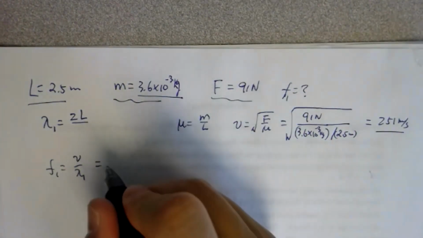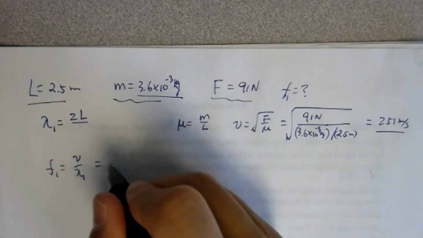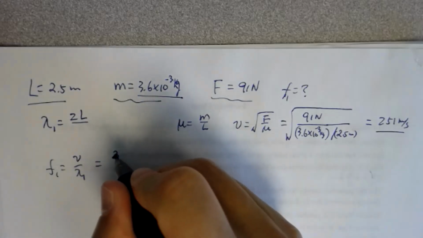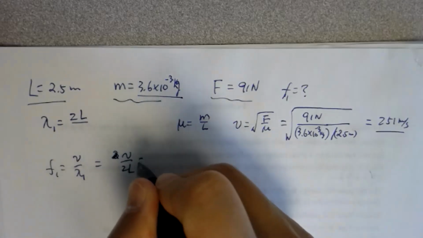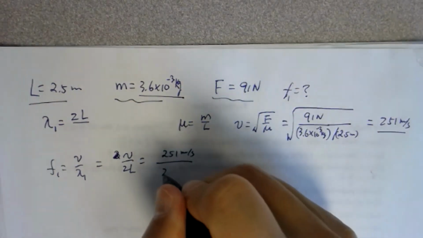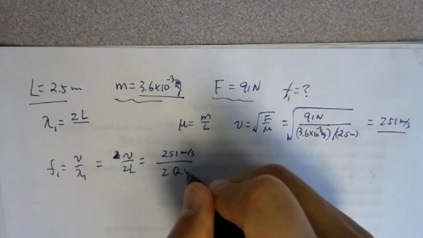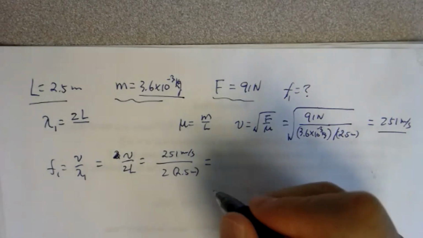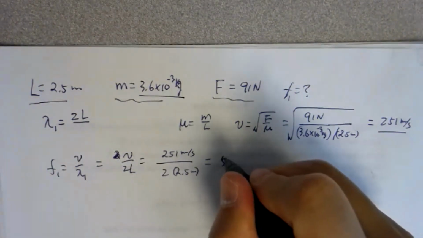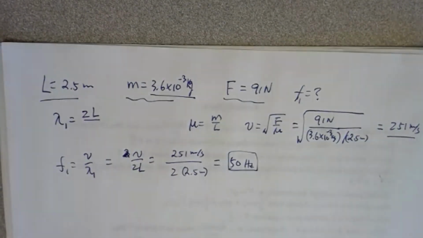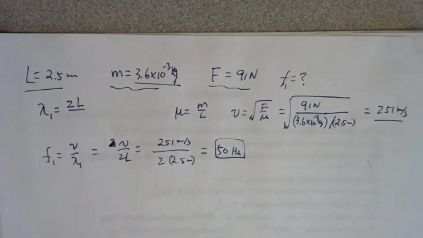Then v divided by lambda would be v divided by 2L. So 251 meters per second divided by 2 times 2.5 meters. That will give you about 50 hertz for your fundamental frequency. Okay.